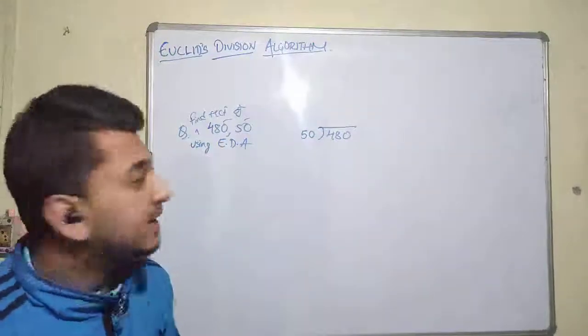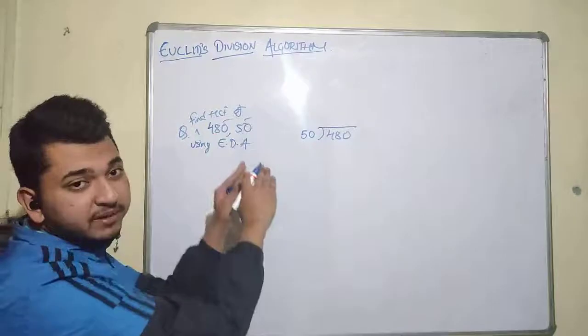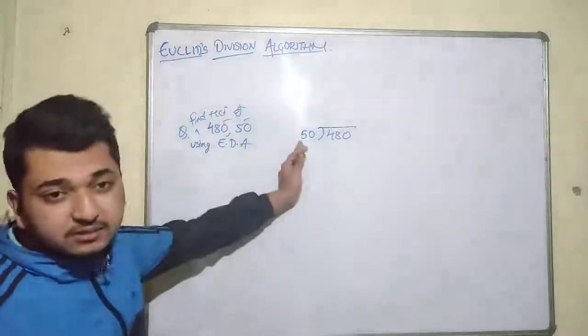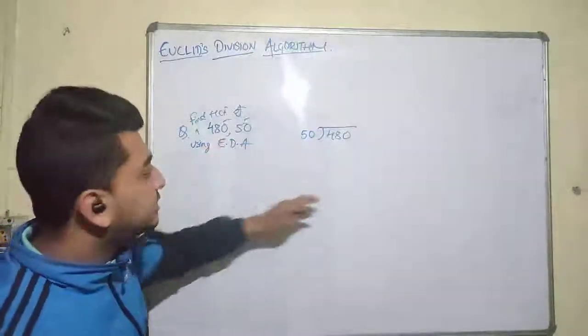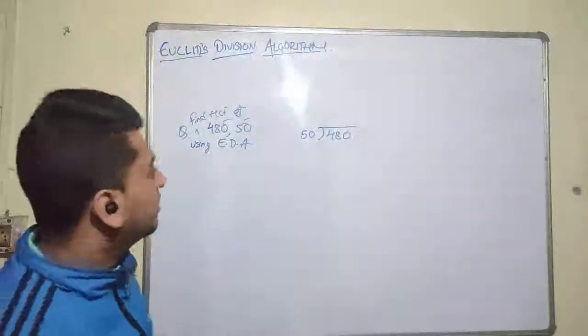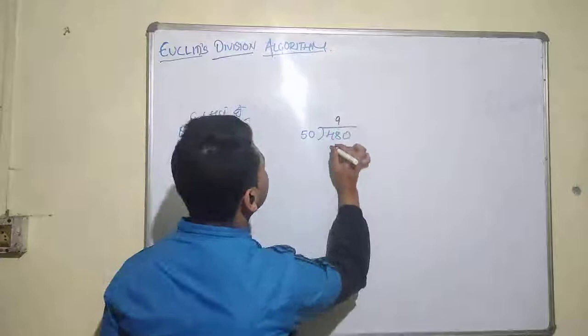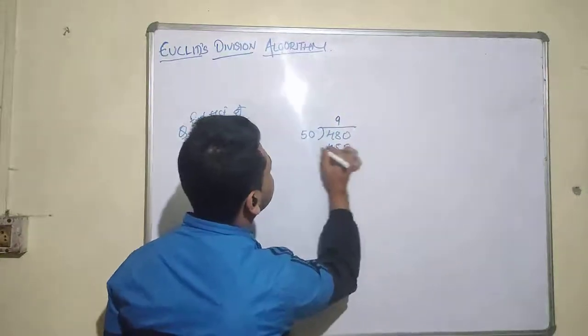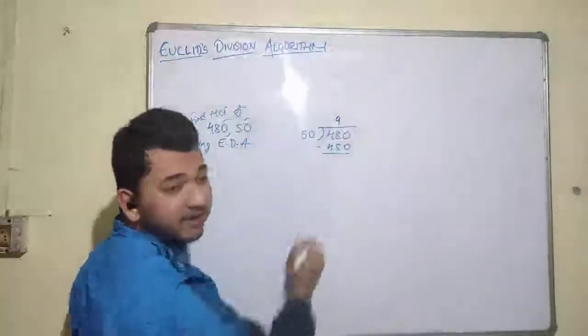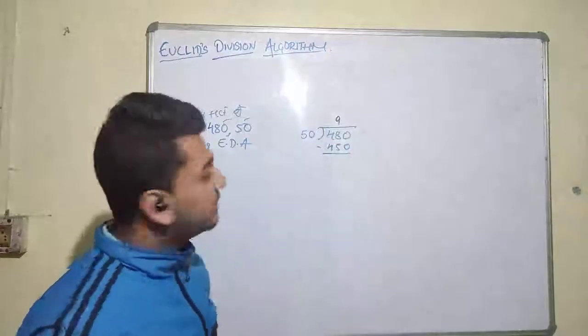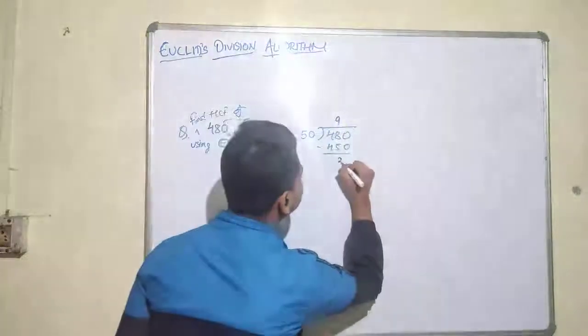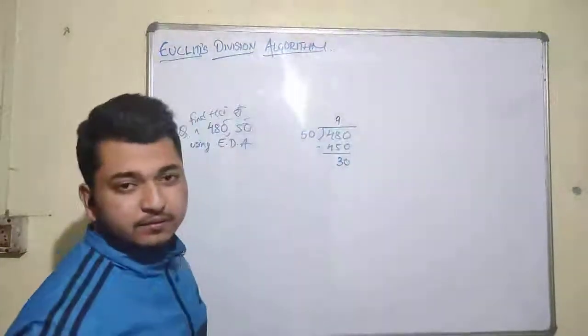So what we did is, of these two numbers, we made the smaller one the divisor and put the bigger one in the dividend. Okay, so 50 times 9 is 450. We know this: 5 times 9 are 45, and we only have to put 0. So the remainder is 30.